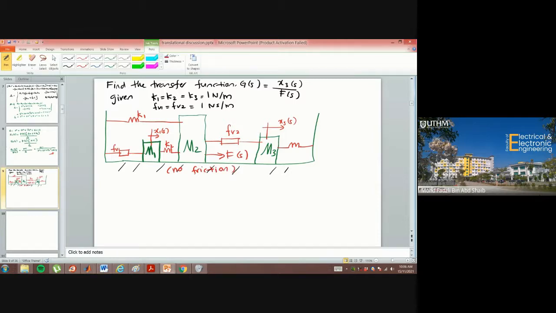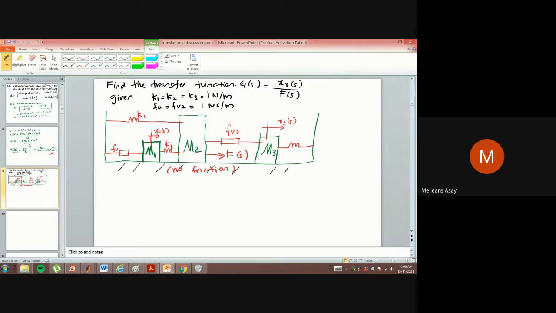There's frictionless, okay? No friction. Okay, can you see this diagram? Yes. Okay.